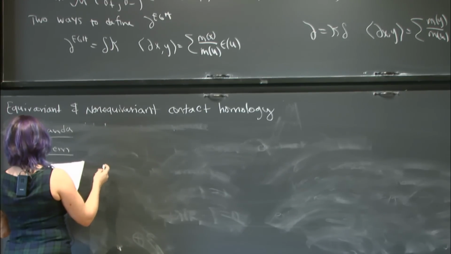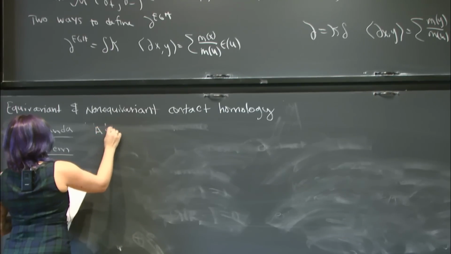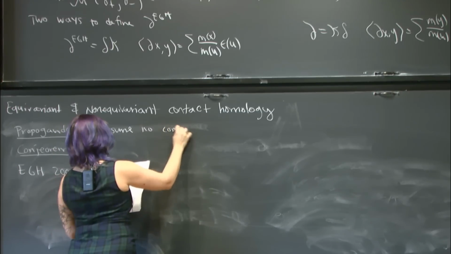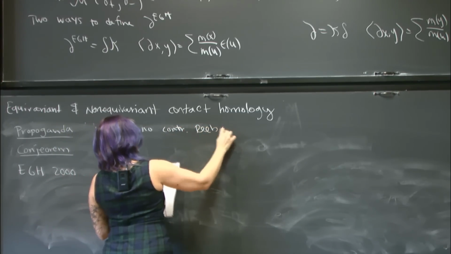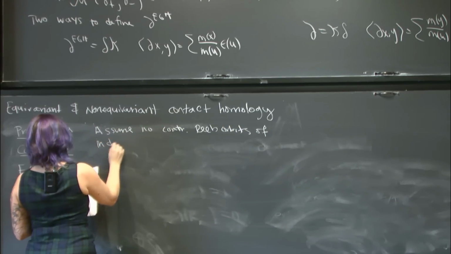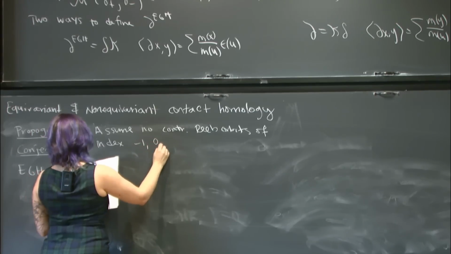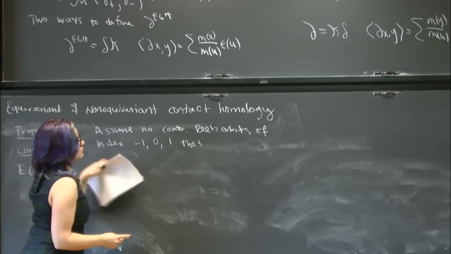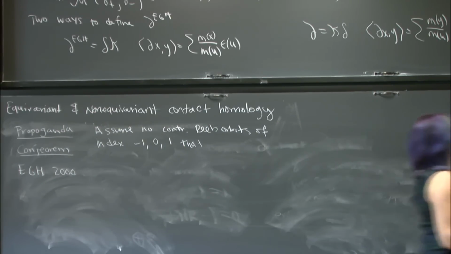Okay, so the statement was, assume no contractible Reeb orbits of index -1, 0, or 1. And this is not the Conley-Zehnder index. This is this shifted index. So in dimension 3, you do Conley-Zehnder -1.